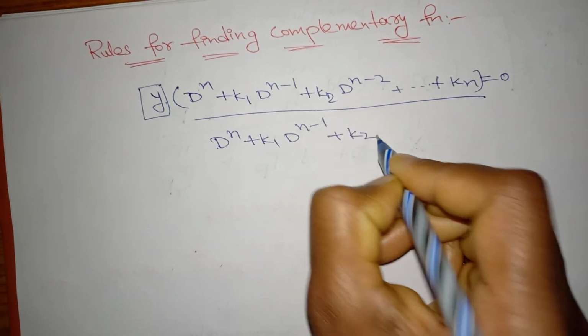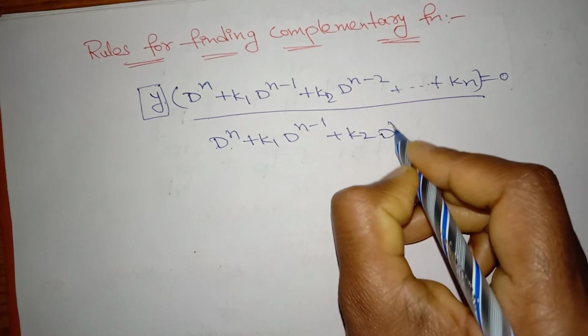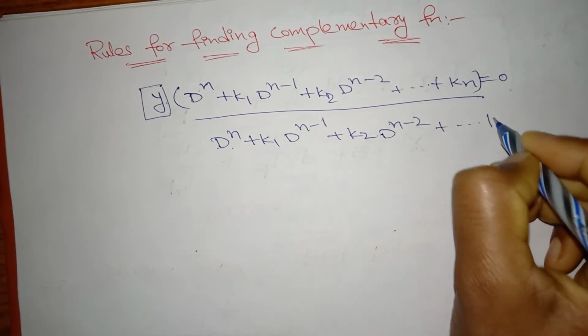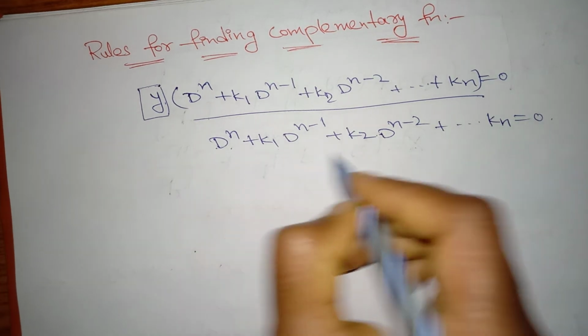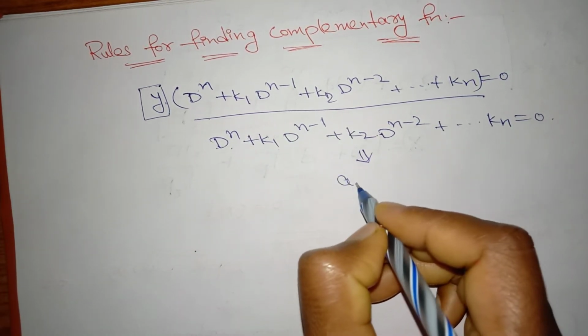The coefficient of y is D power n plus k1 D power n minus 1 plus k2 D power n minus 2 plus and so on kn equals 0. Now this equation is said to be the auxiliary equation.